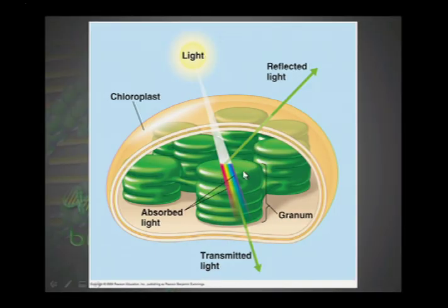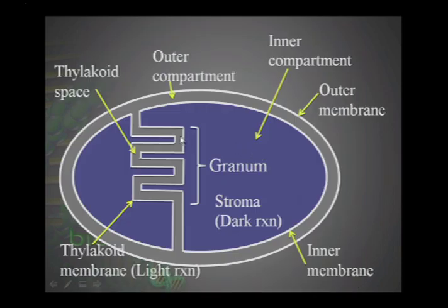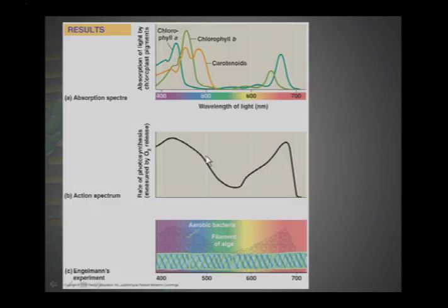Looking at the light reaction, where it's going to be taking place is in these thylakoid membranes, these stacks of membranes within the chloroplast. Some light energy is going to be absorbed, some light energy will be reflected. Looking at our stylized view here, we're going to be interested in the thylakoid membranes initially for the light reaction.